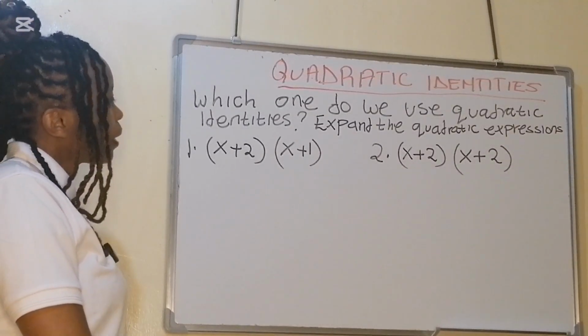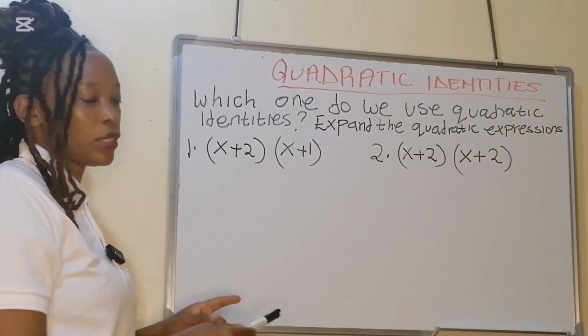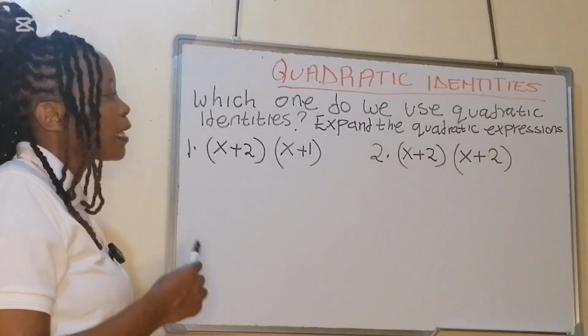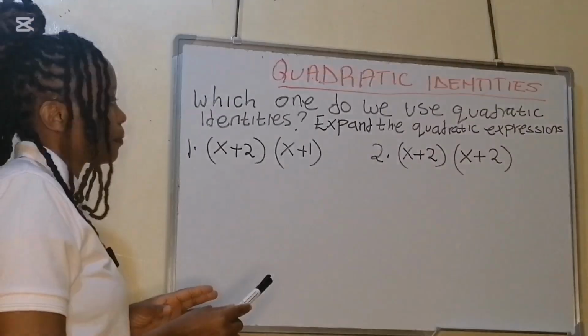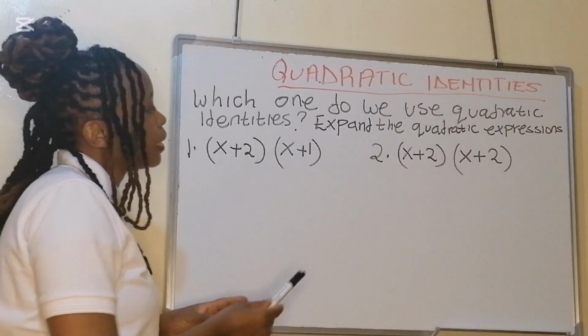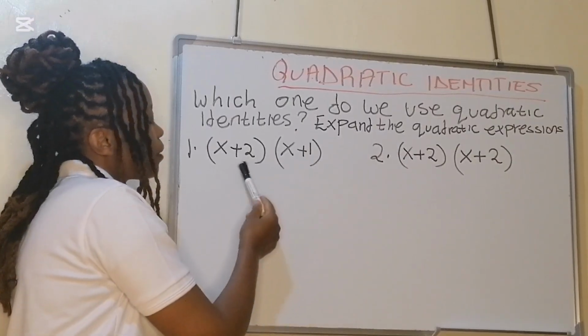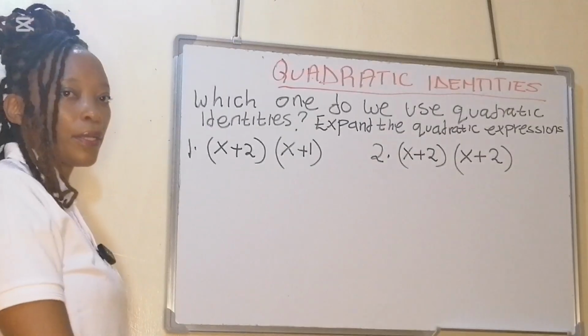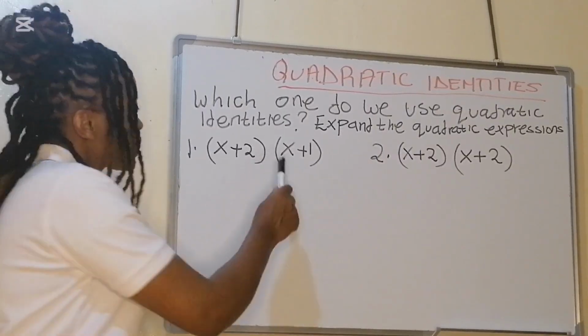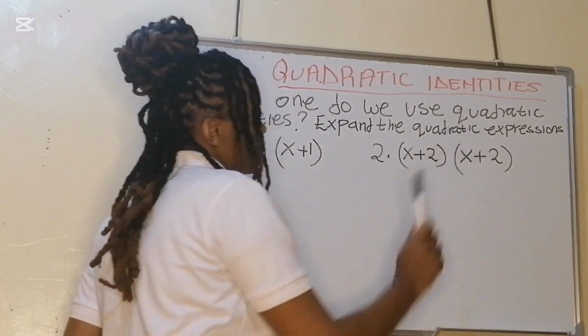Okay? When you look at these two expressions, when using quadratic identity, they must look the same. They must be the same, especially when you are looking for squares. So we have x plus 2, x plus 1, and x plus 2, x plus 2.